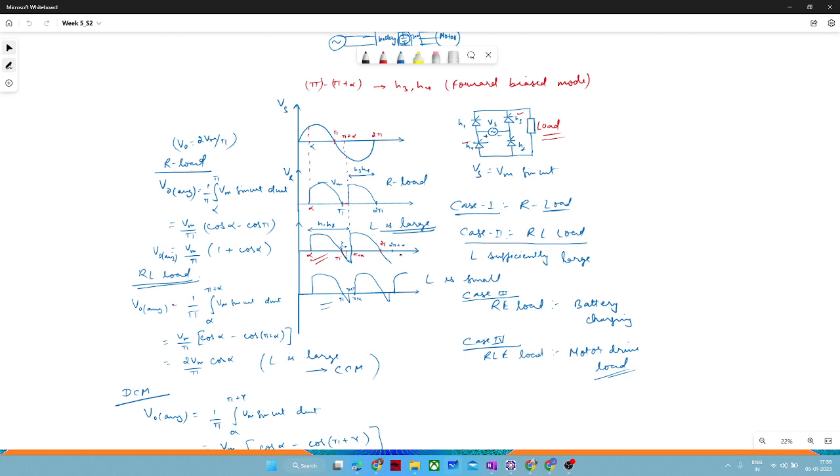Okay, so after that, in RL load, we assume that our inductance is sufficiently large so that it will continue in continuous conduction mode, and hence whatever energy the inductance has absorbed from alpha to pi. I think I should zoom it.